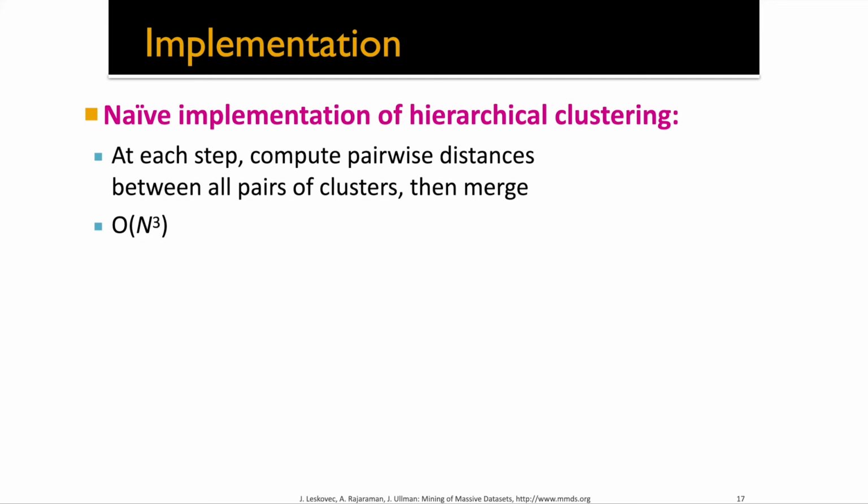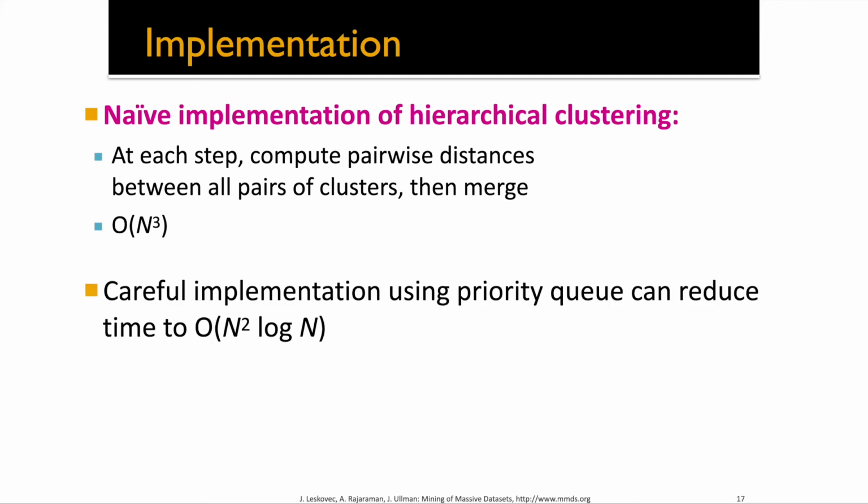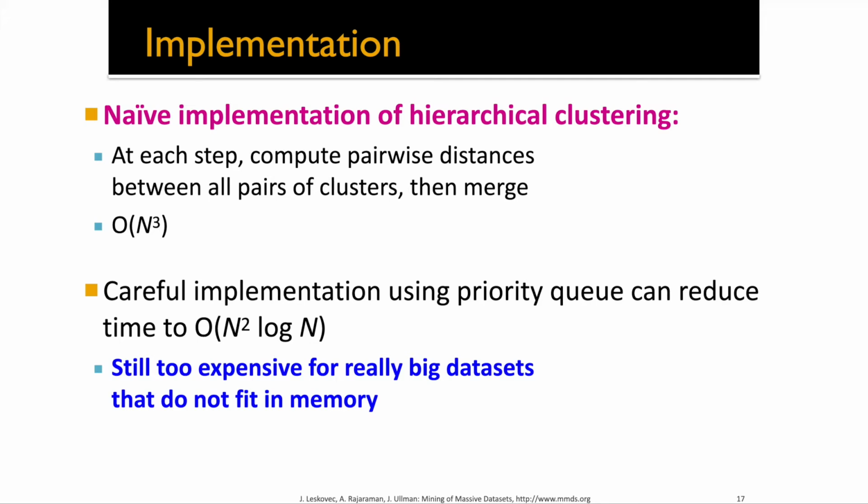In the naive case, we have order n cubed, and even in careful or highly optimized implementations, we're still talking about order n squared log n. In previous modules we talked about how n squared is often still too large for the data that we may encounter on the web or web scale data, so clearly we need some more efficient means for evaluating or building these clusterings. This is still too expensive.